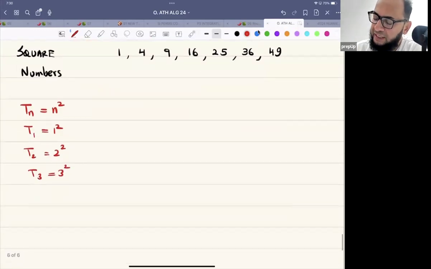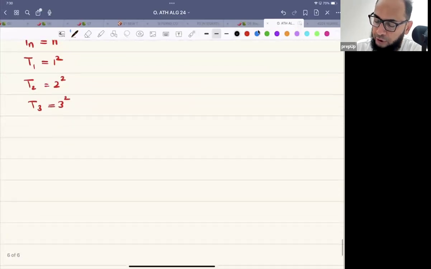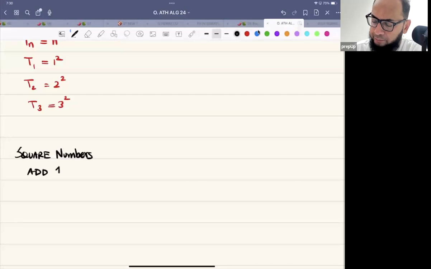Now let me do some variation in it. So let me just take these square numbers and add 1.